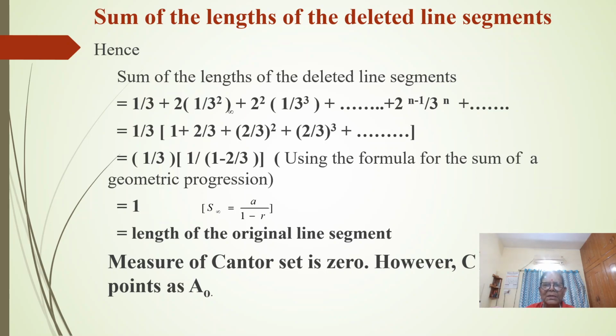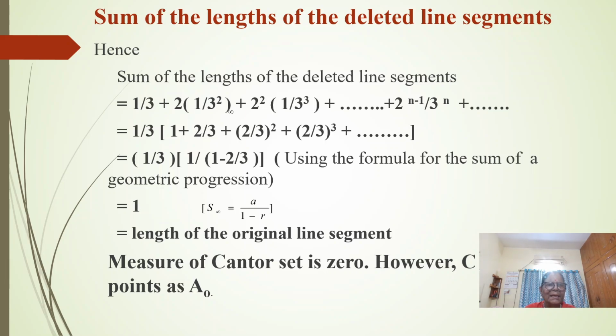where we are using the formula for the sum of a geometric progression. So if we have a geometric progression, an infinite series, the sum of the infinite series S∞ is given as a/(1 - r), where a is the first term and r is the common ratio, meaning it is Tn/Tn-1, the ratio of the nth term upon the (n-1)th term.